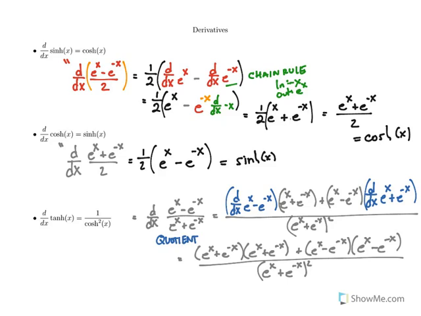So before we go any further, note that I did make a small mistake with the quotient rule. You should have a minus sign here.